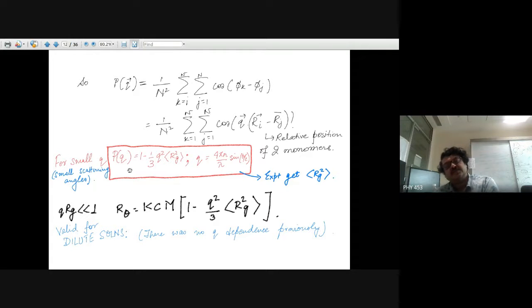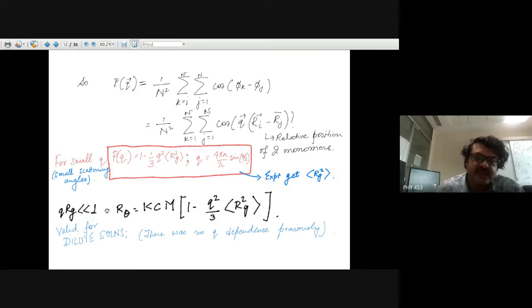As you change Q, you can see how the intensity falls, and the slope of PQ versus Q square will give you Rg squared. So you get an estimate of the size of the polymer chain, right? And you do it with different polymer chains of different lengths, and then you can get your Rg squared versus N relationship.